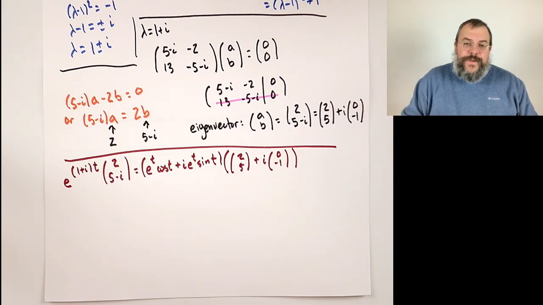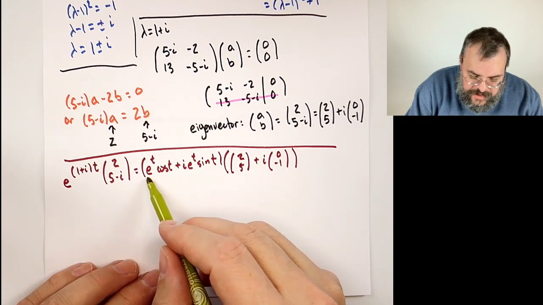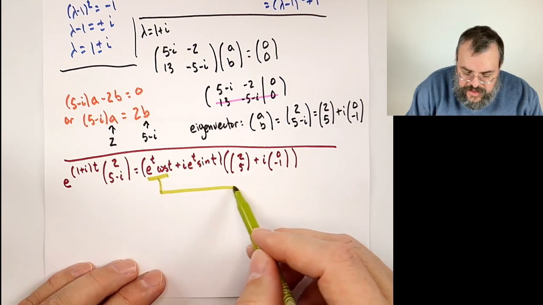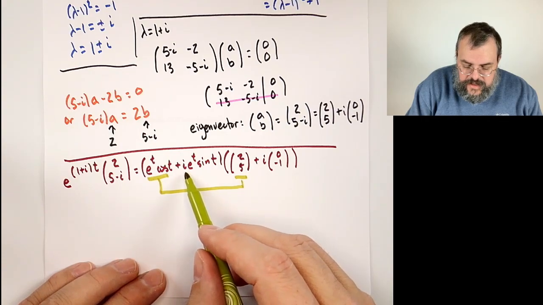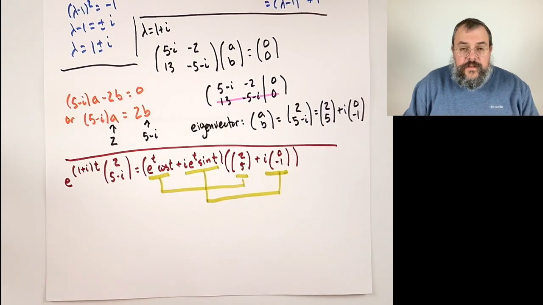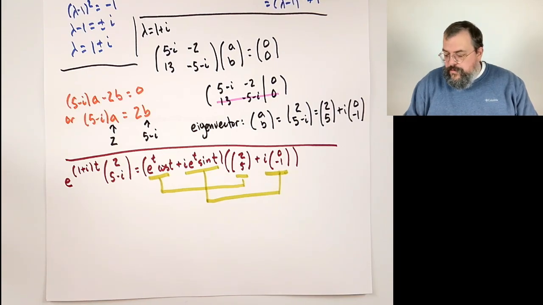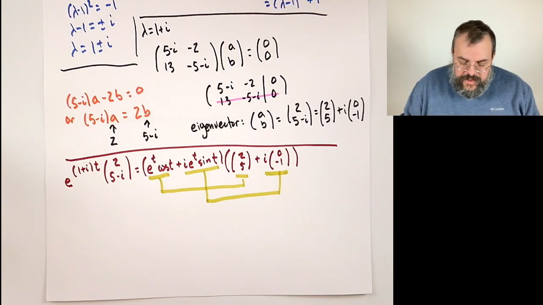Okay, so first off, how do we get the real parts? Well, e to the t cosine t, 2, 5, and then I, e to the t sine t, and I, 0 minus 1. Those will give us real parts because I squared is minus 1.